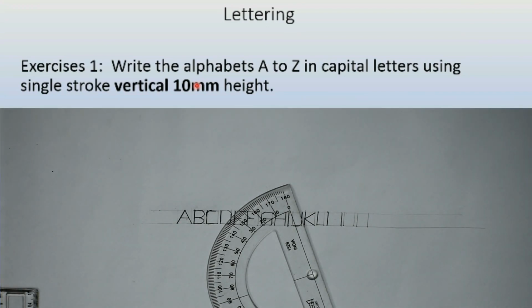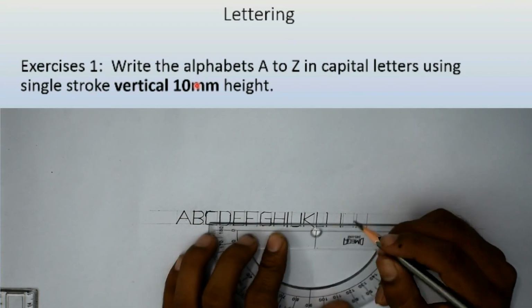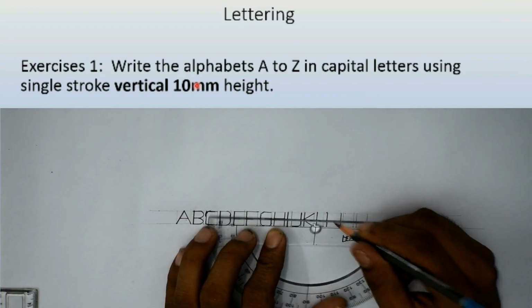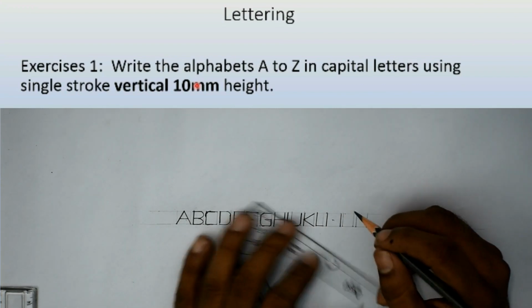See here, for this M, you can either take this till the end, but it would look good if we take it in the center. So I'll just mark one point here.